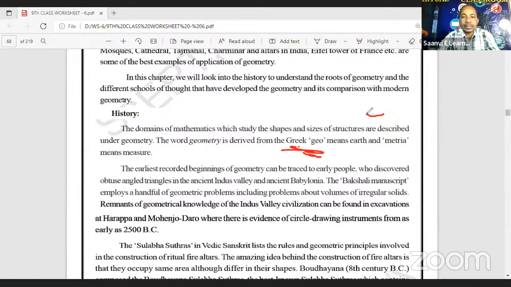In Greek, geo means earth, and metria means measure. So the word geometry is derived from the Greek language, where geo means earth and metria means measure. So, the measurement of earth. Geometry is nothing but the measurement of earth.